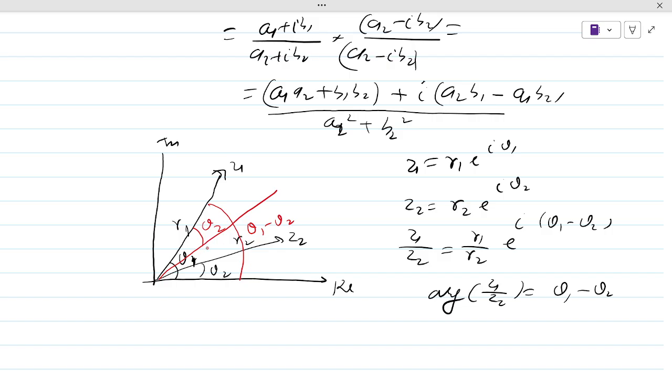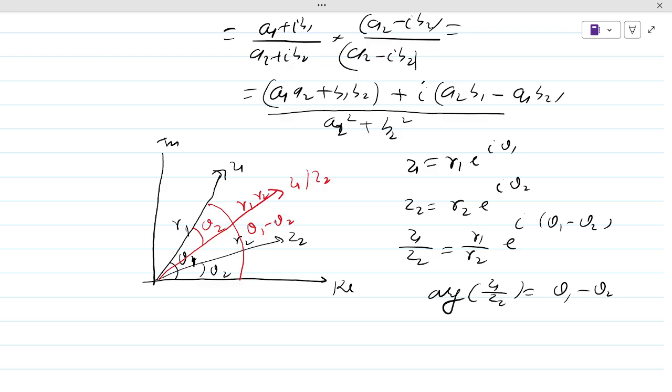So z1 upon z2 will lie somewhere between z1 and z2, and obviously its modulus is r1 by r2. In the case of multiplication and division, the interesting thing is the direction, not the modulus, because depending on whether r1 r2 is greater than 1 or less than 1, the result may be lower or higher, no?